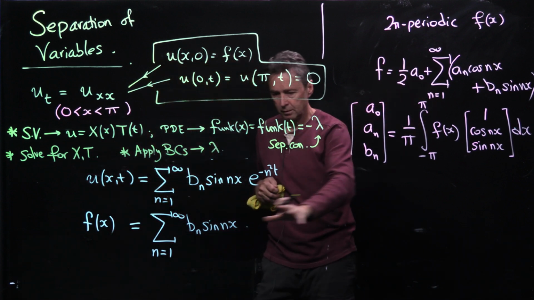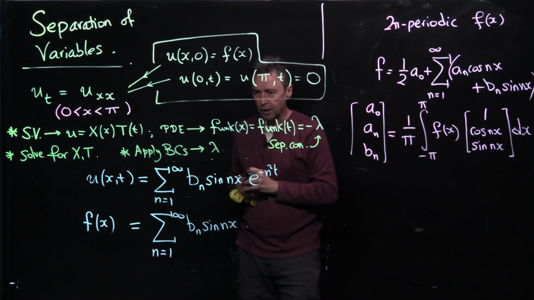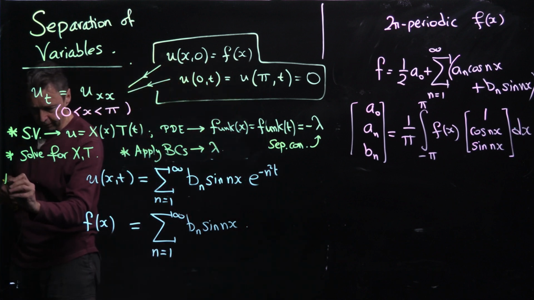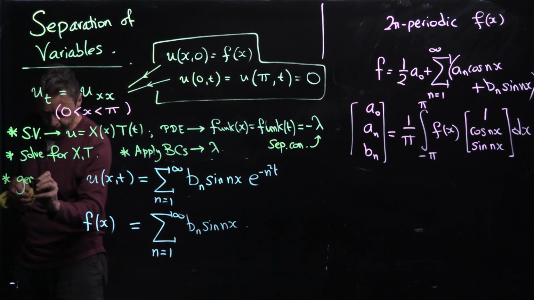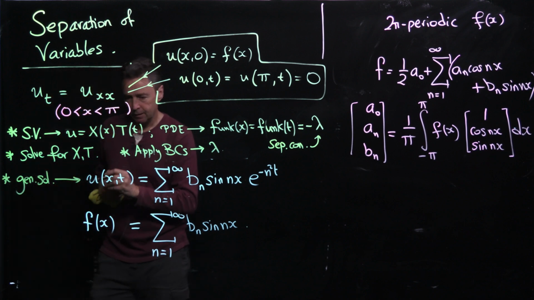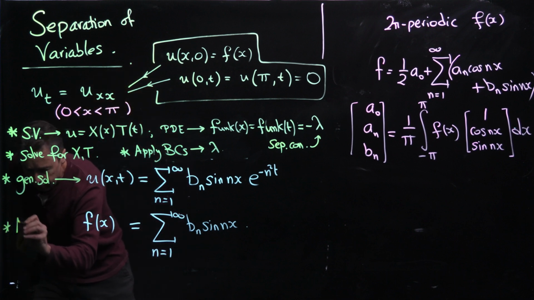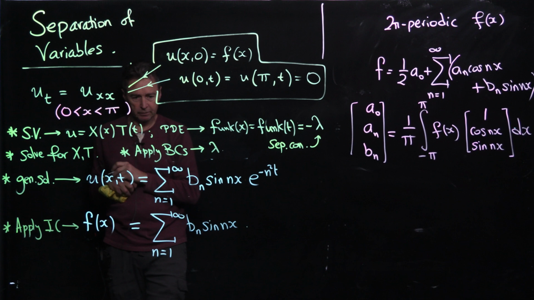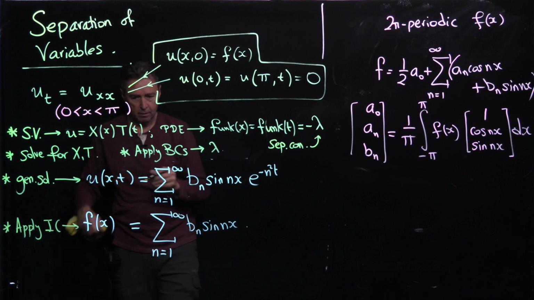It was n squared, where n was an integer. Right? I then formulate the general solution. There it is. And then finally, I apply the initial condition. That means I've got to pick the coefficients of the general solution to satisfy that.